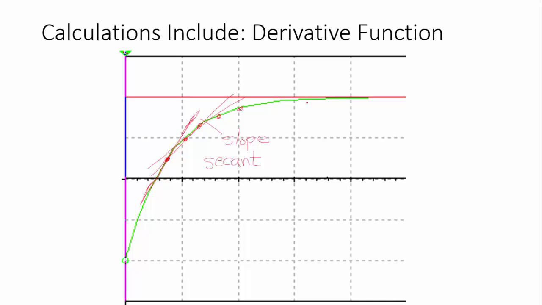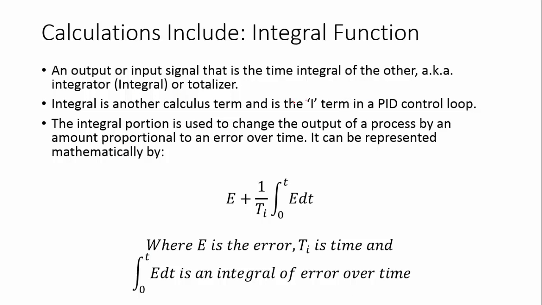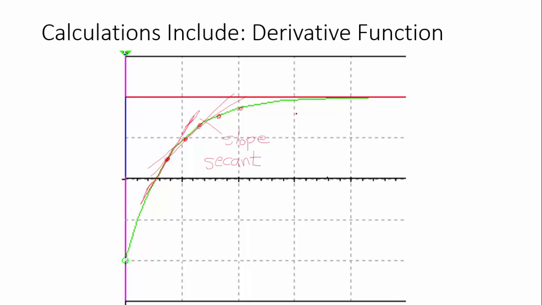Eventually I will get a point up here where the tangent line is parallel and the previous point, the secant line, is on top of it. So when the slope is equal to 0 and overlays the secant line, I'm at my set point, and I have no more change in the process.